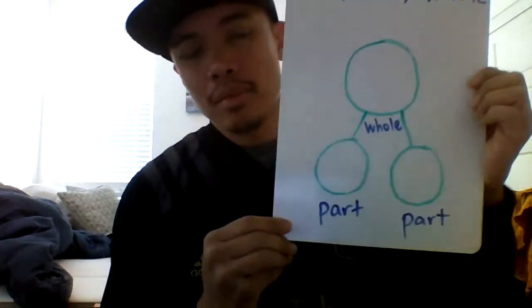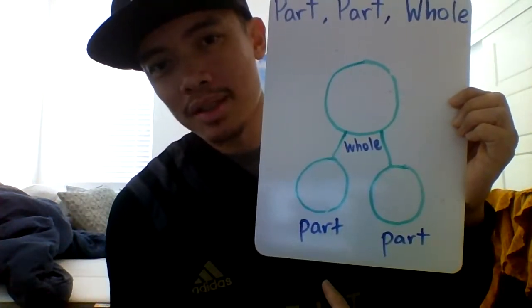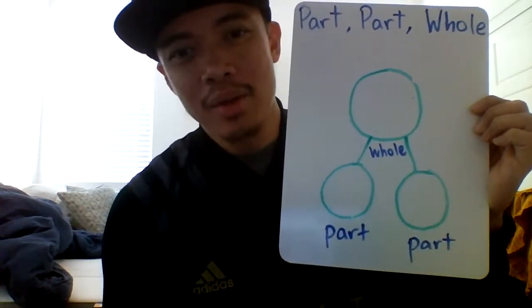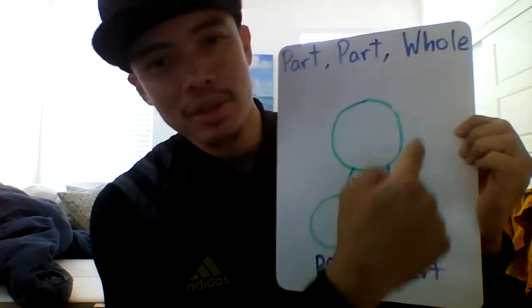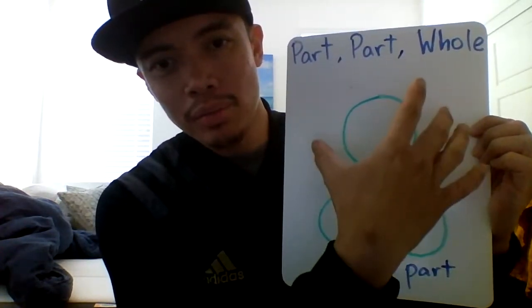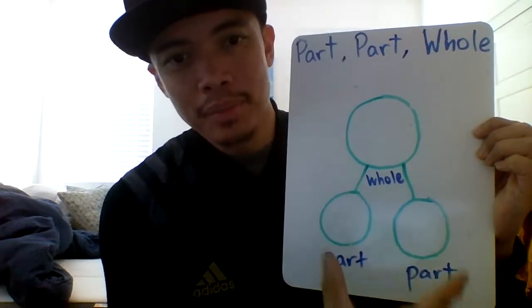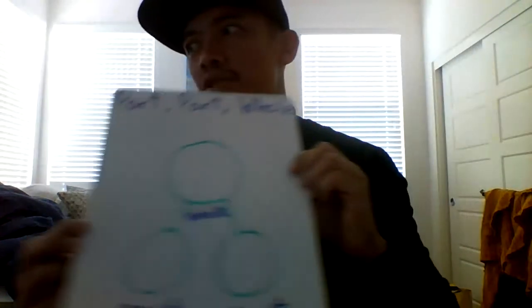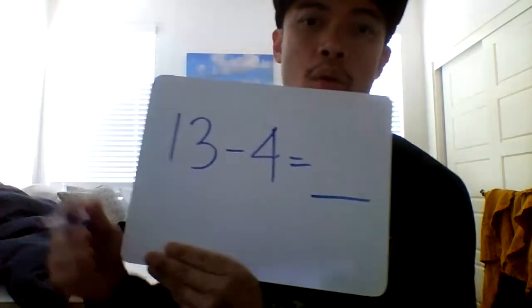But I like to make it look like this because I want to make it look like a mountain, and you'll see exactly why. The whole always goes on the top. That's the whole. And if you split it up, it has 2 parts to it. Let's say the problem that we're trying to solve is 13 take away 4.